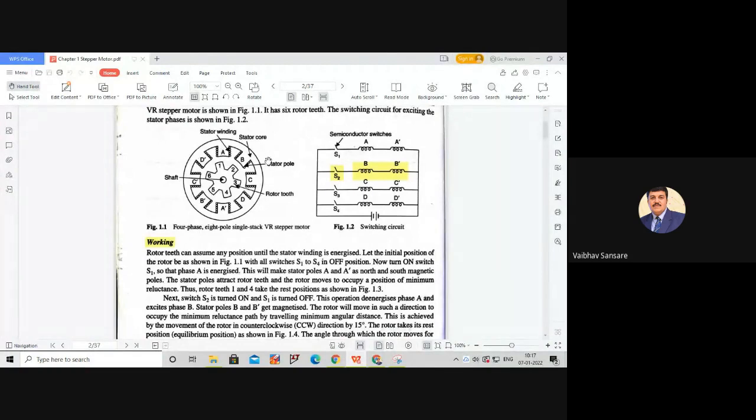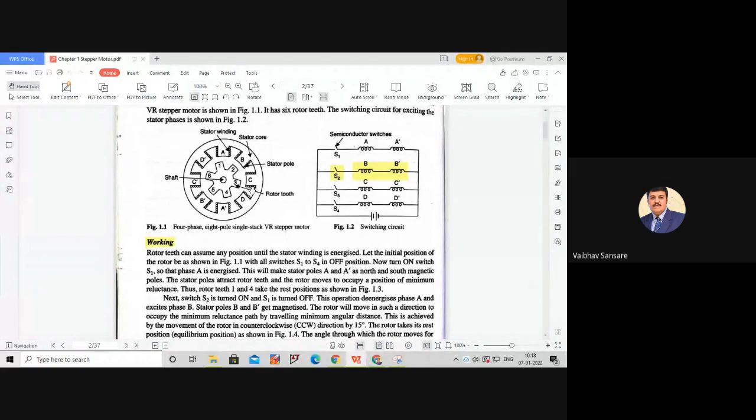Now, to excite those 4 phases, we use semiconductor switches, and as per a predetermined sequence, or as per the requirement of the step angle, we switch those switches on and off.